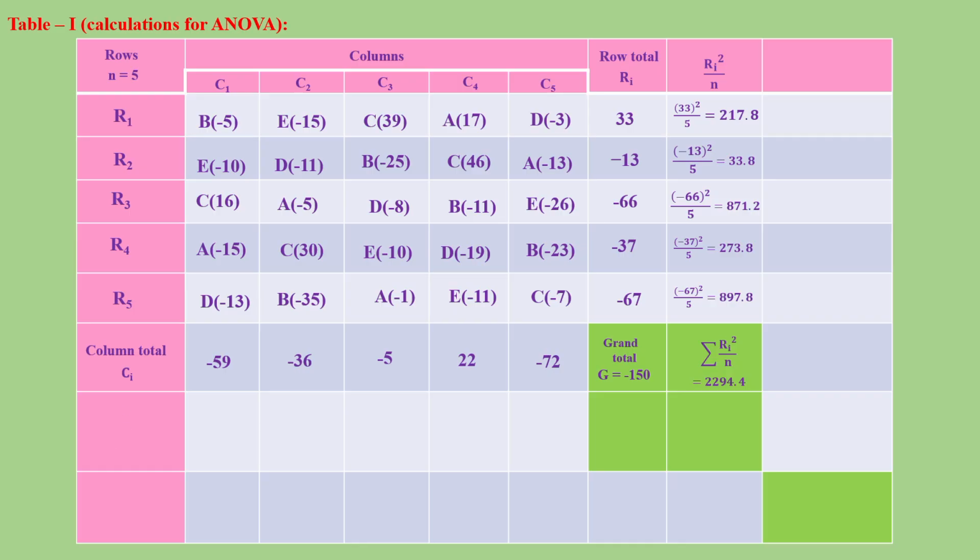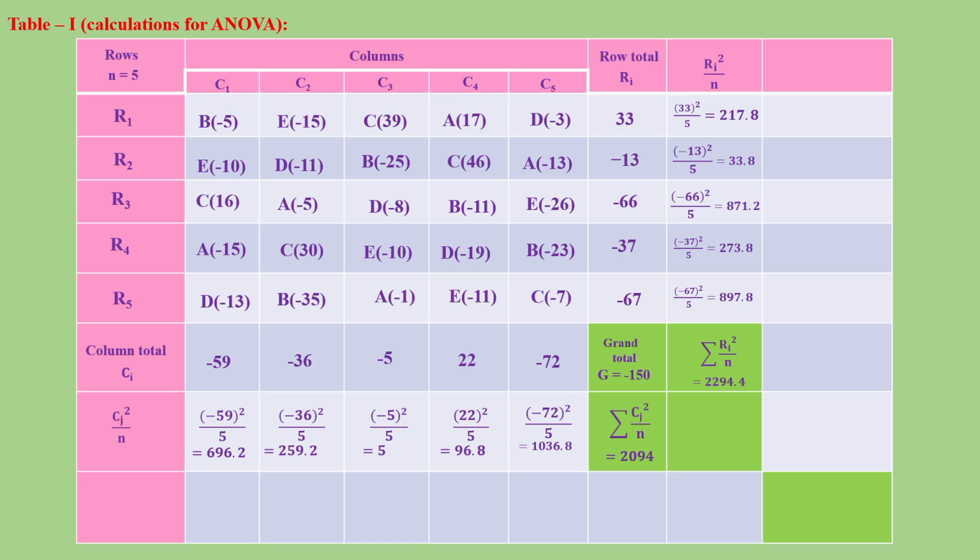Then similarly for the column Cj square by n. First column minus 59 square by 5, 696.2. Second column 259.2. Third column 5. Fourth column 96.8. Fifth column 1036.8. Summation Cj square by n is 2094.